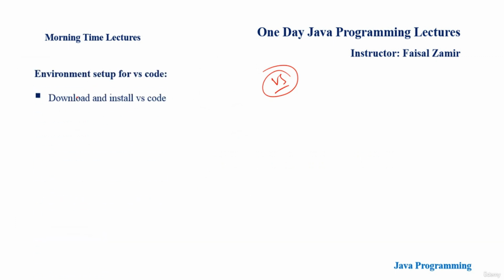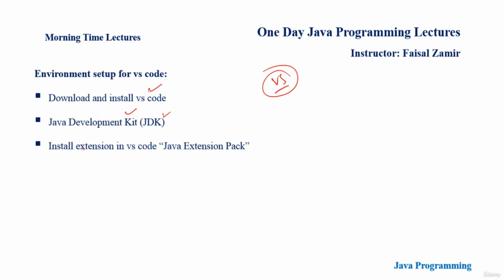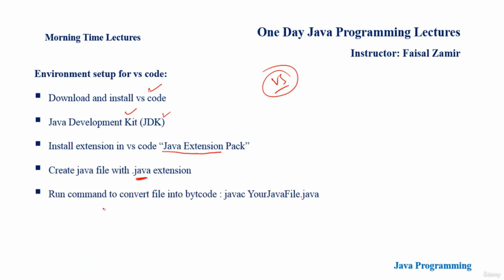First, download and install VS Code, and then the Java Development Kit. Install the extension in VS Code, the Java Extension Pack. Then create a Java file with the Java extension, and then run a command to convert this file into bytecode.